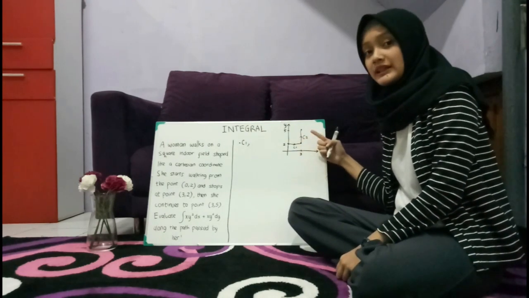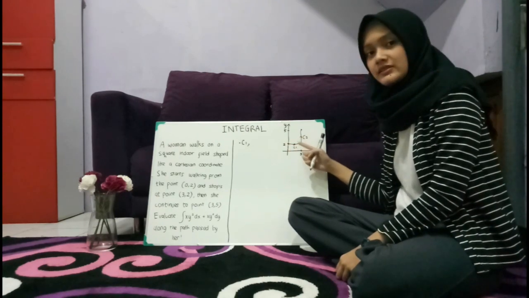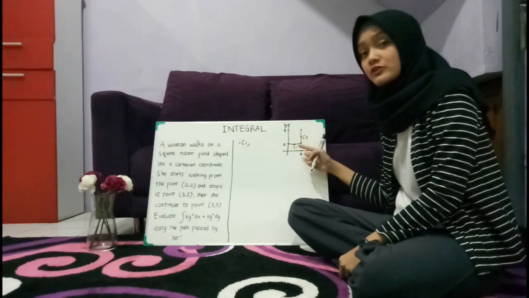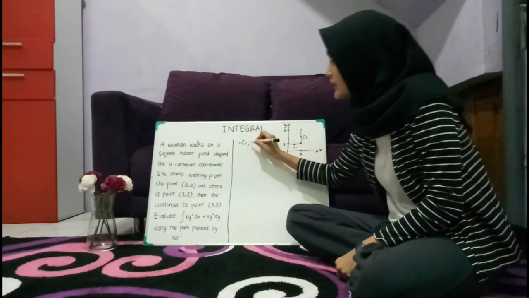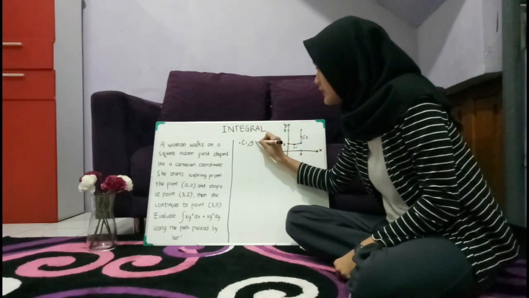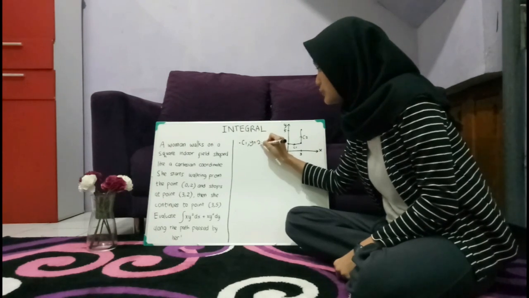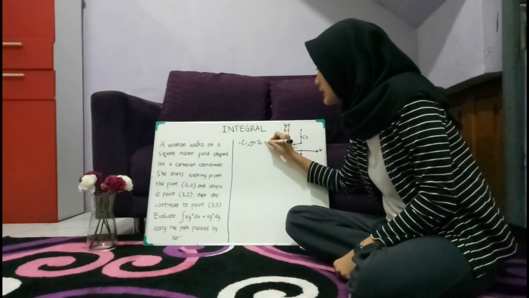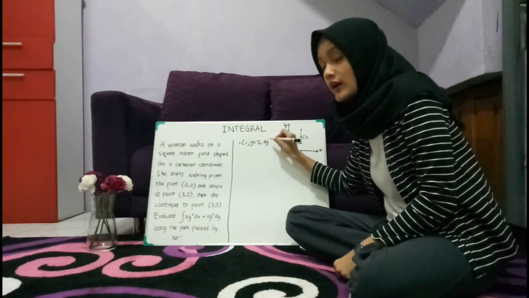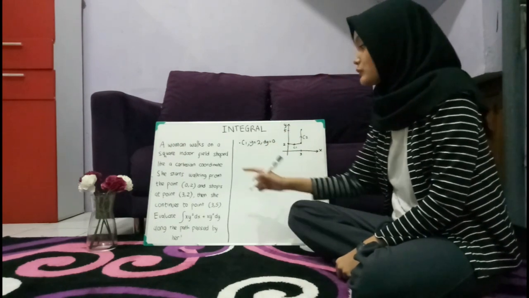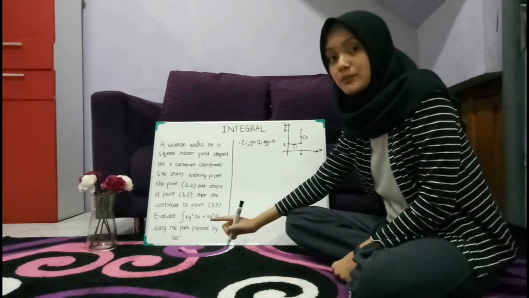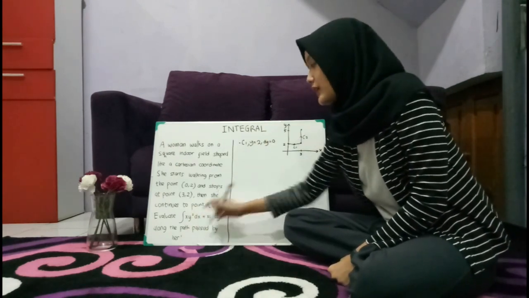In C1, as we can see, the line is a horizontal straight line where the value of y is always 2. So we get the line equation y = 2, where the derivative of y, dy, is 0 because it's a constant number.